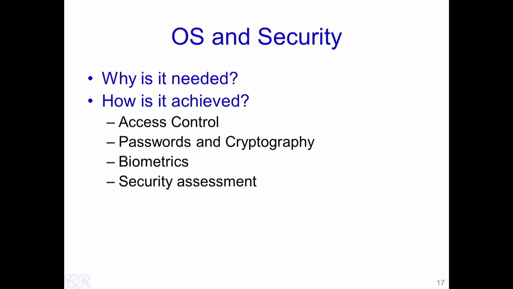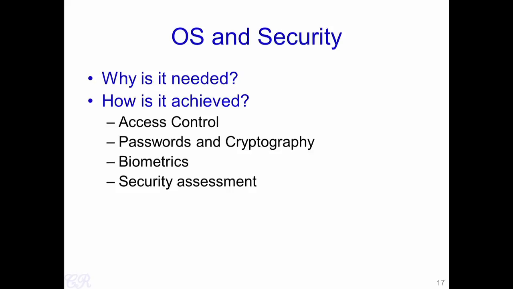Another important aspect when talking about operating systems is the need for security. Essentially, security features are added to operating systems to ensure that only authorized users are able to use that system.